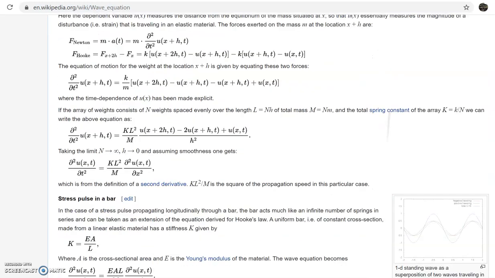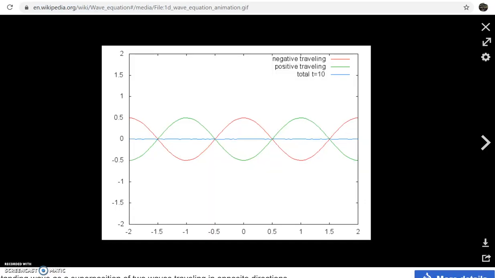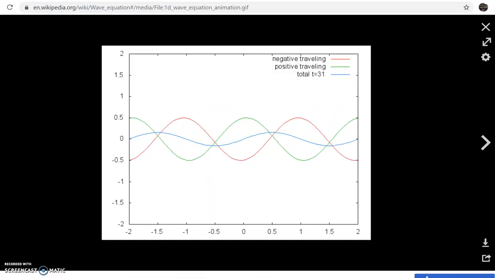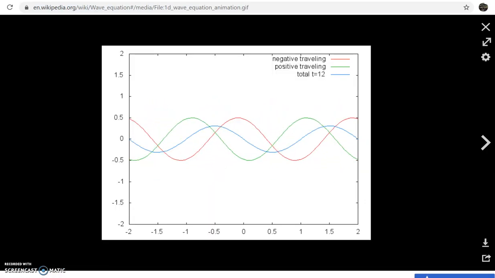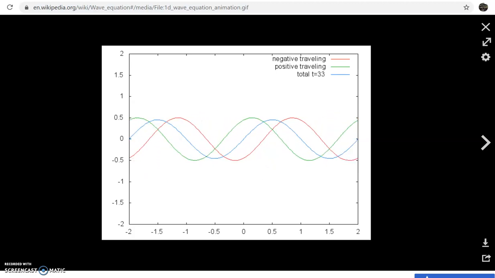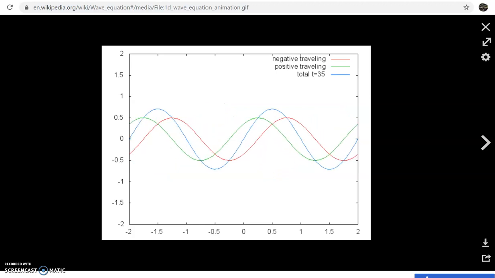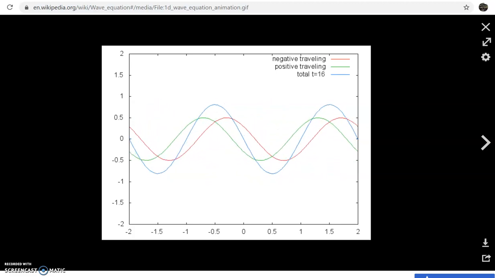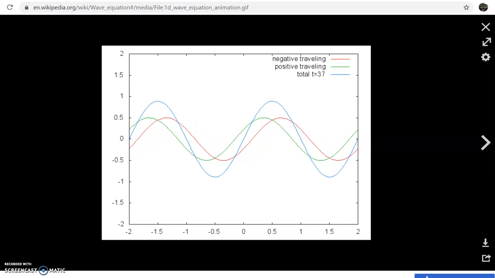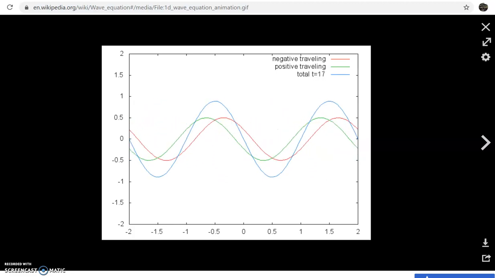Okay, and well, the animation is a nice one. It shows you that this is going to be a sum. Here we've got something like a string, the blue one. The blue one is the sum of the green one and the red one.